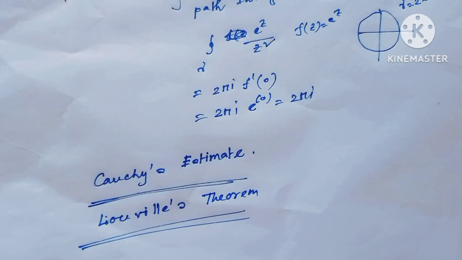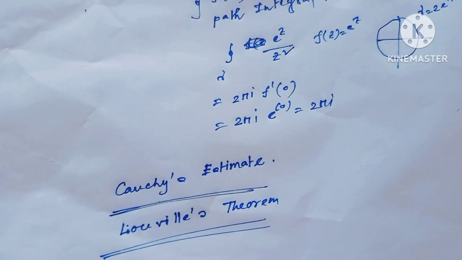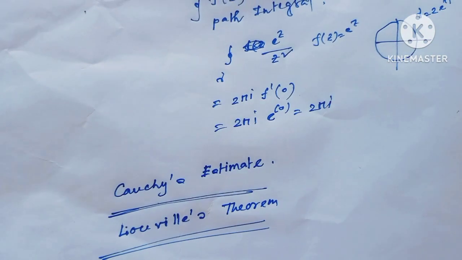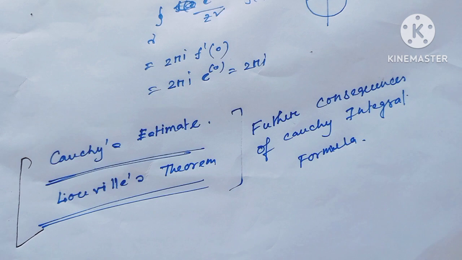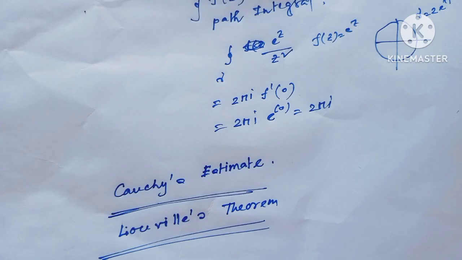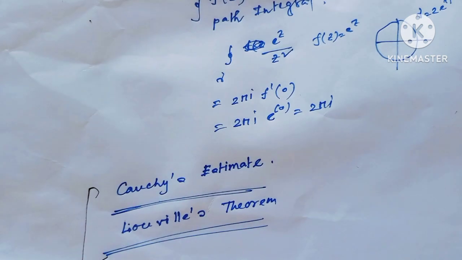Cauchy's estimate and Liouville's theorem are further extensions and consequences of Cauchy's integral formula. I will see today Cauchy's estimate and Liouville's theorem and some exercises about Liouville's theorem. This is the goal of this lecture.